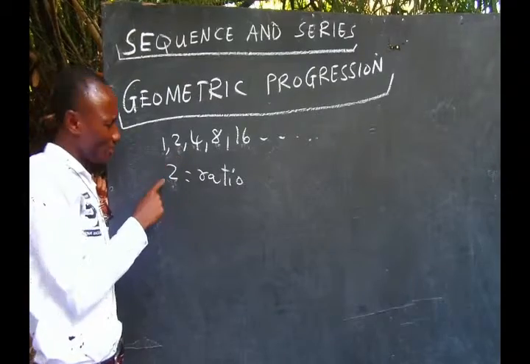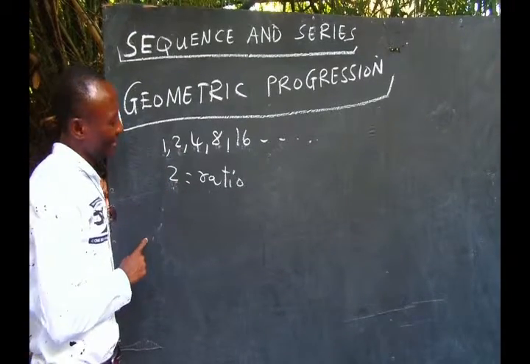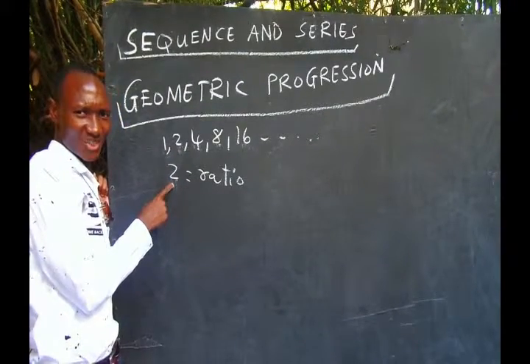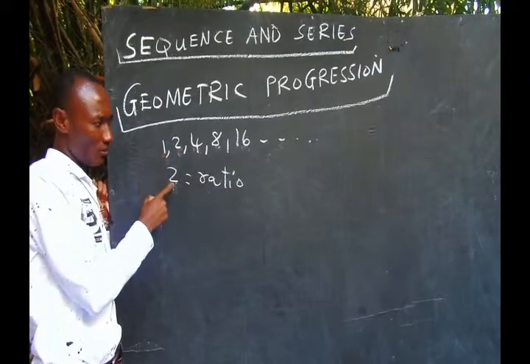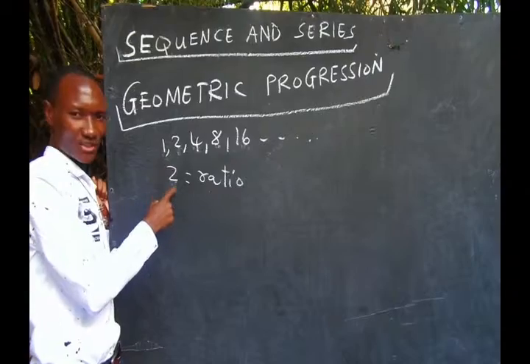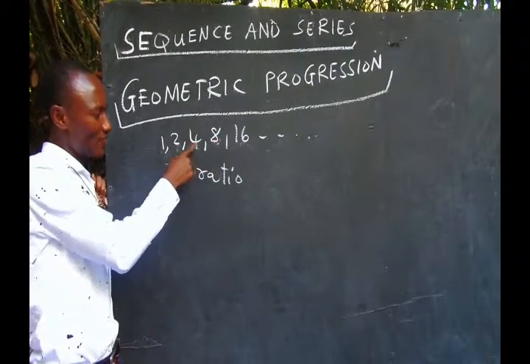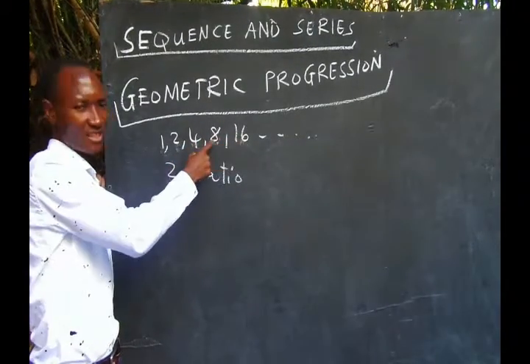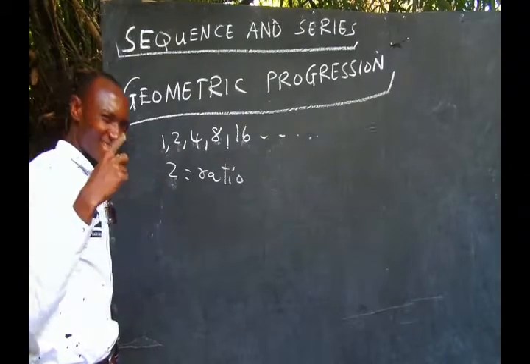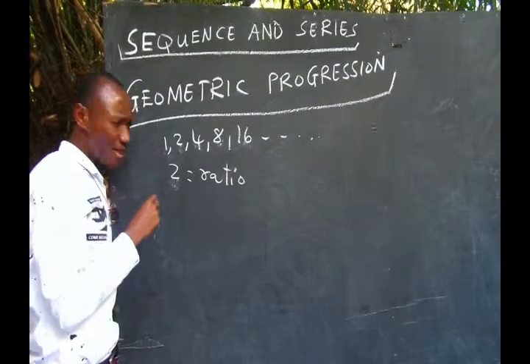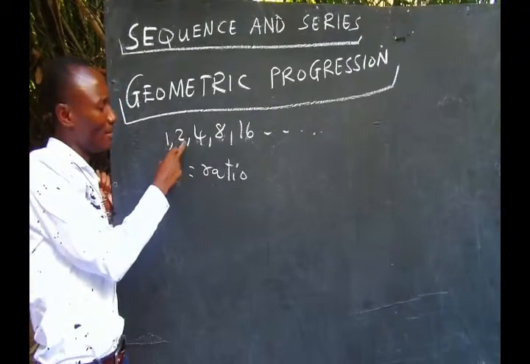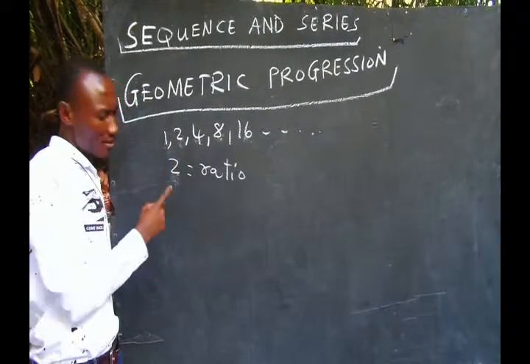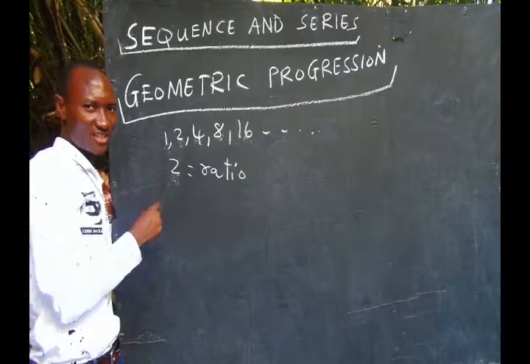It is common because it does not change. This one divided by this one, 2. This one divided by this one, 2. It does not change. That's why it is common. So it is the ratio because it is obtained by dividing, and also common because it does not change.